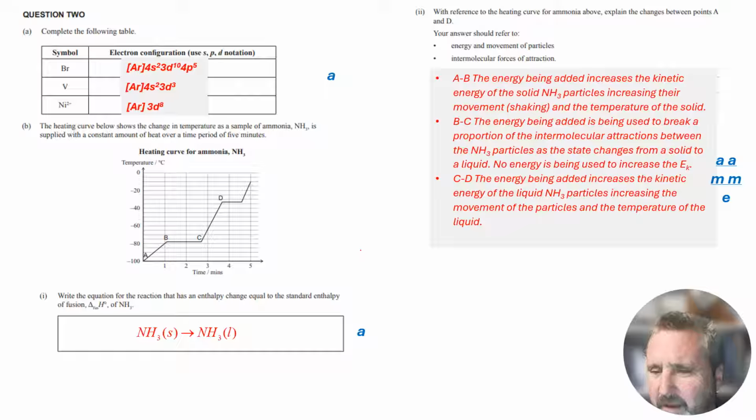So no energy is being used to increase the kinetic energy here. I could have gone over this further in my second bullet point, as I could have said no energy is being used to increase the kinetic energy. So I guess that's fine. That meets some merit requirements.